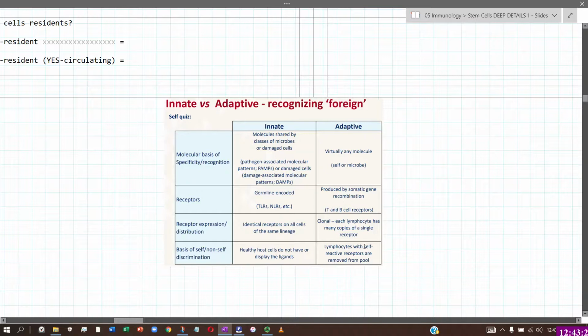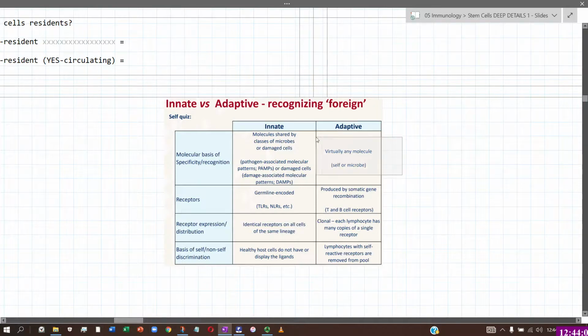Just another comparison. The first one is what is the molecular basis of specificity or recognition when it comes to innate: molecules shared by classes of microbes or damaged cells. And this is where the concept of PAMPs versus DAMPs is addressed. And under that same category, what is the molecular basis of specificity or recognition for adaptive immunity? Well, it's virtually any molecule.